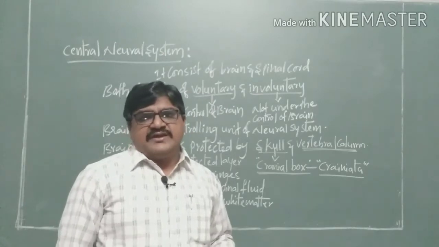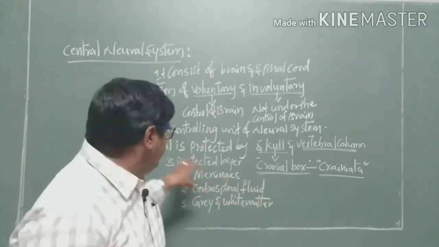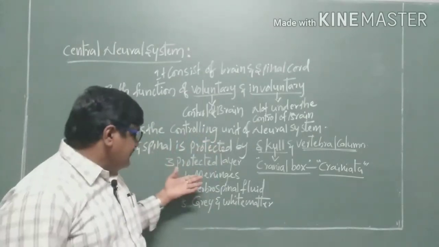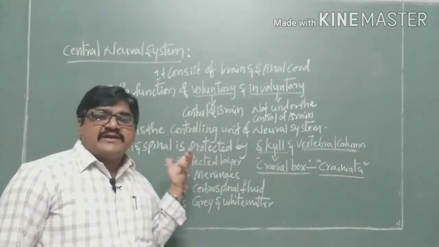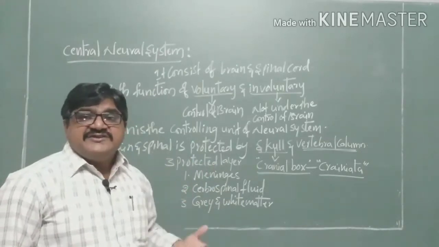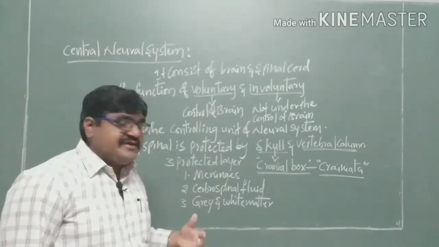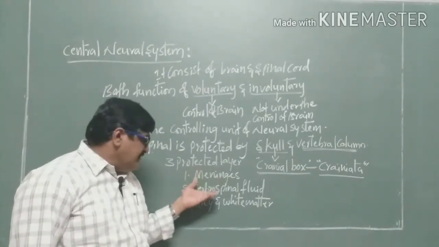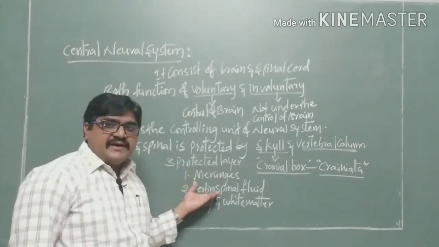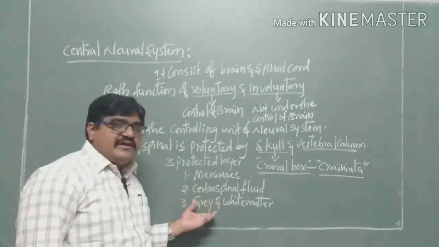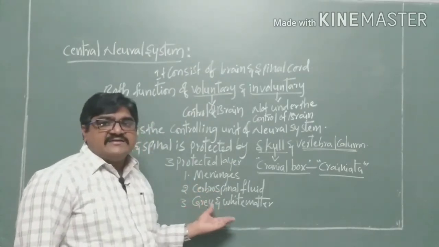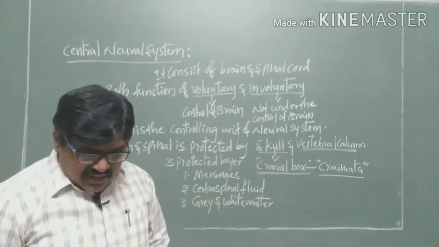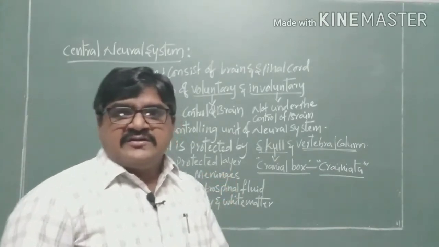Besides this protection, additional protective layers are present: the meninges, the cerebrospinal fluid, and the gray as well as the white matter. Now we will discuss them one by one.